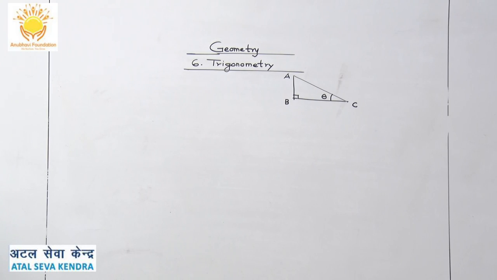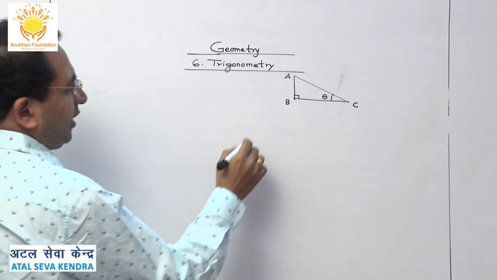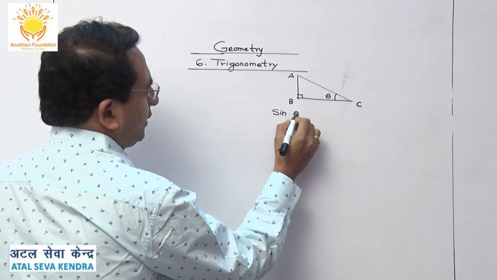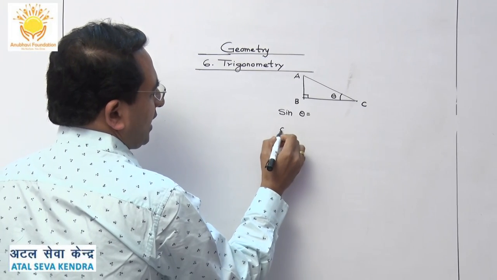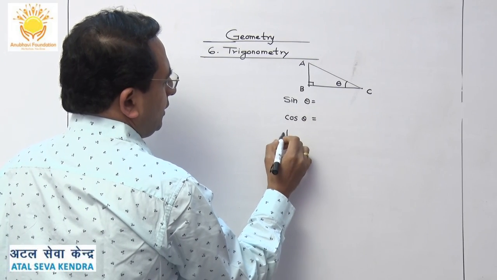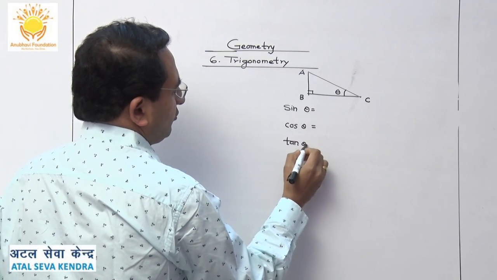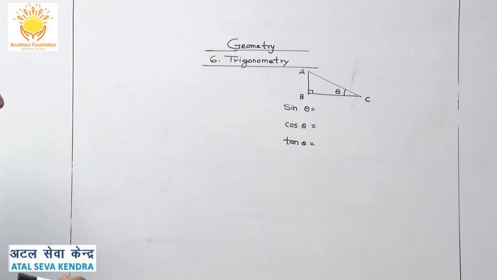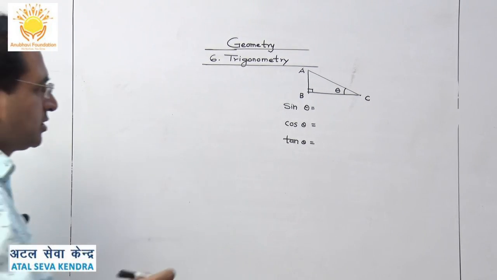As you know that there are 6 trigonometric functions. One is called as sine of theta. The second one we know as cos of theta. And the third one we write this as tan of theta. Purposely I have written them on the left side. Now the basic formulae, I am sure that you must be knowing this.